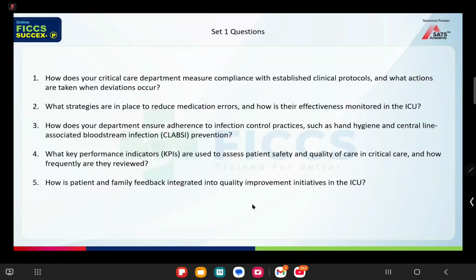Okay, fine. Last one. How is patient and family feedback integrated into the quality improvement initiative? How can we integrate that?